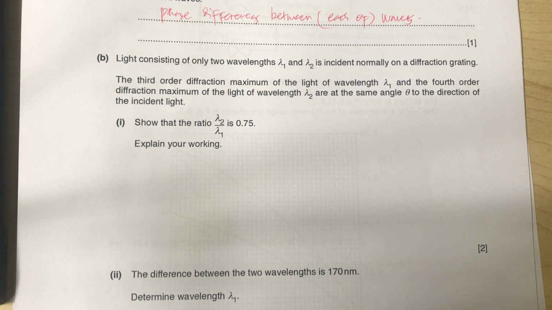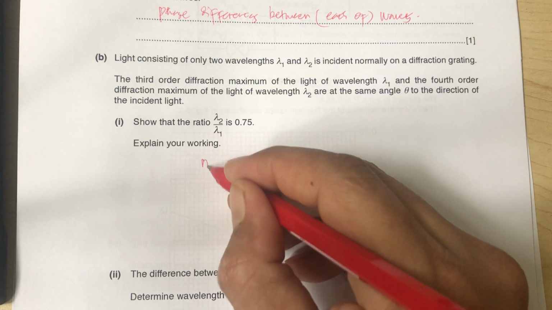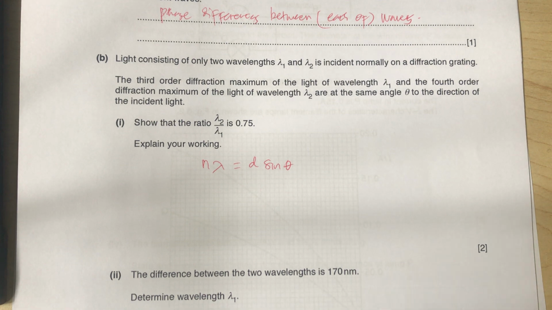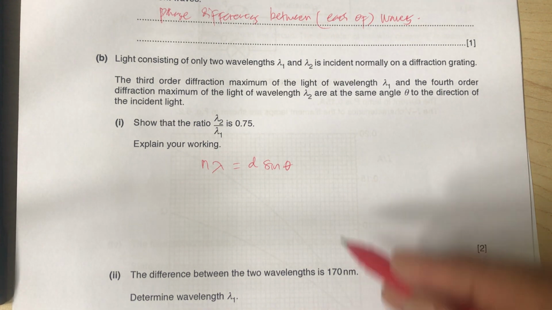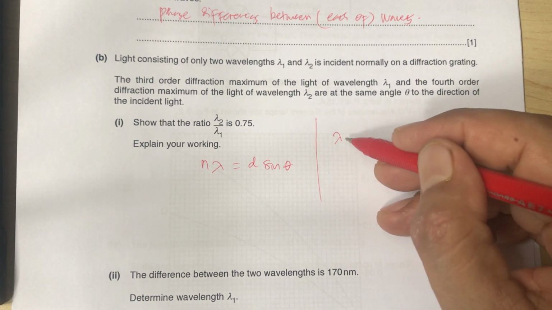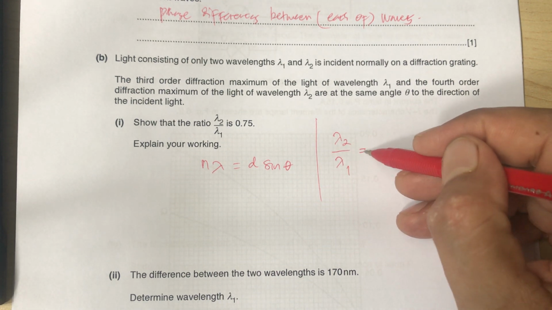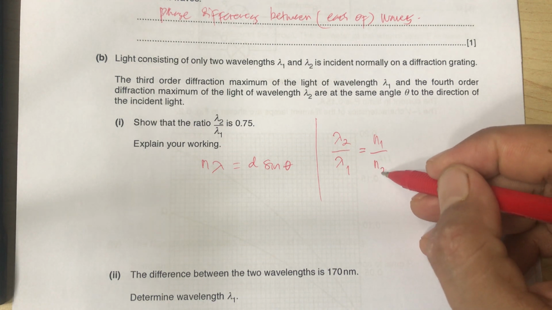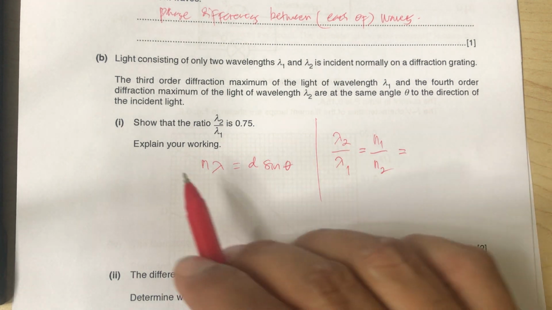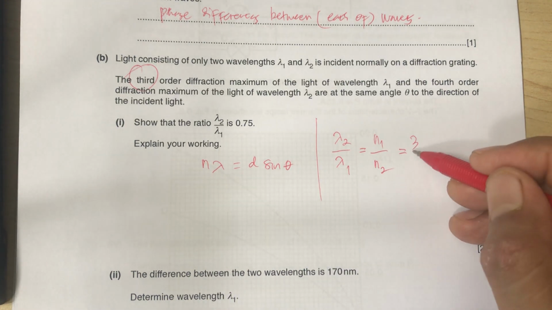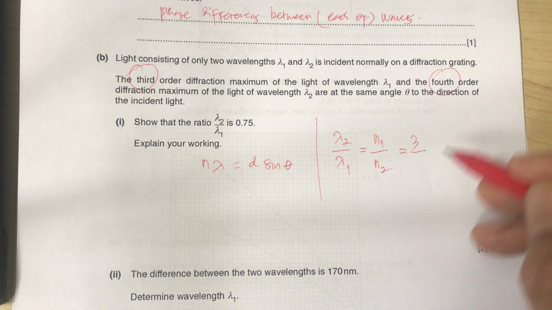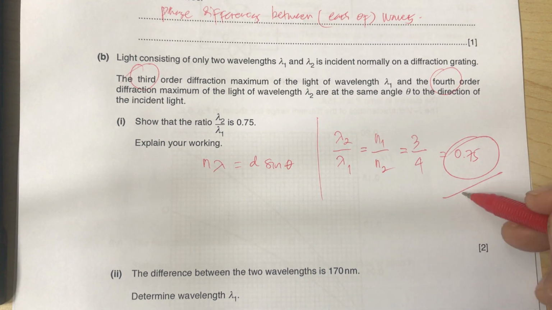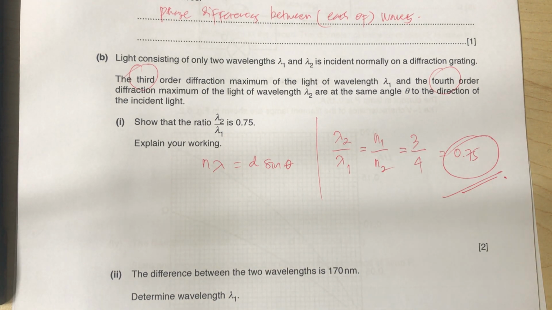This is about n lambda equals d sine theta. So lambda 2 over lambda 1 equals n1 over n2, where n1 is third and n2 is fourth, so the same thing, 0.75. Yes, correct.